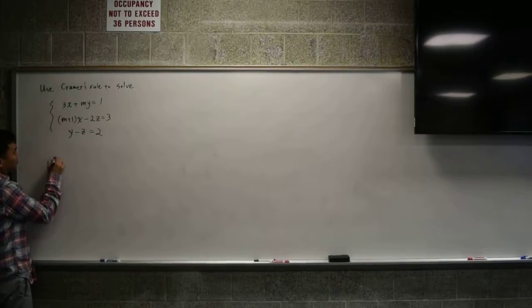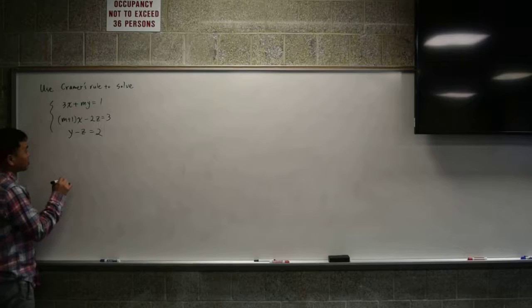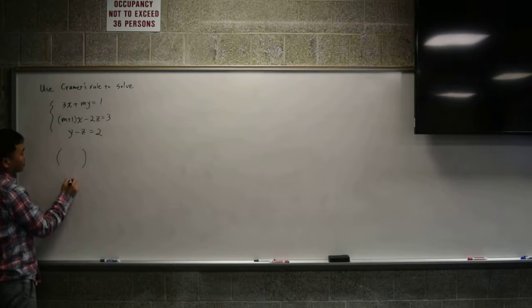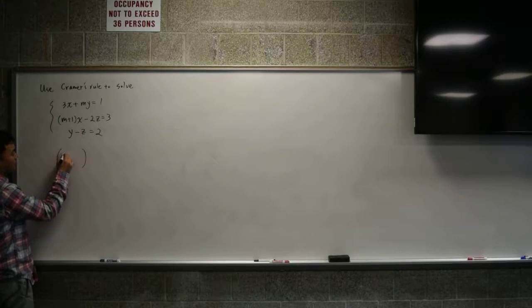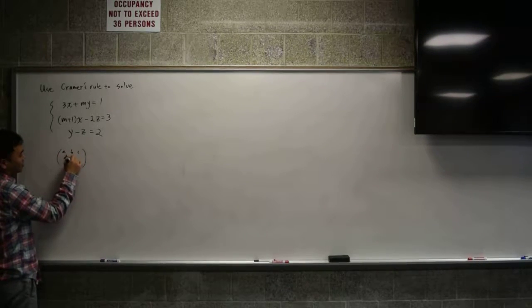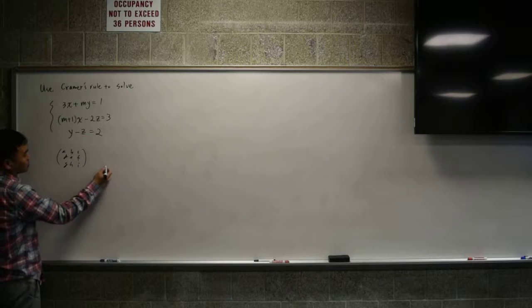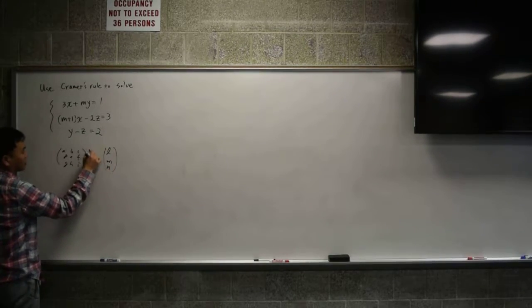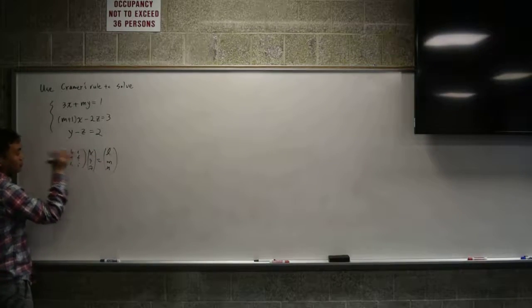Alright, let's remind ourselves of Cramer's rule. How does that work? If you have a matrix with A, B, C, D, E, F, G, H, I, and L, M, N, X, Y, Z, you have a system like this.